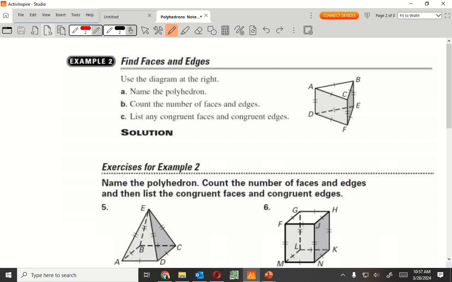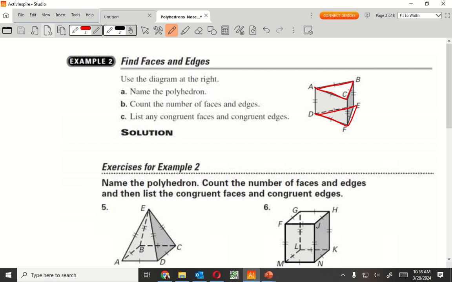Find faces and edges. So, let's see. Use the diagram on the right. Name the polyhedron. So, first, I need to identify what shape is my base. Triangle. Yeah, triangle. So I have a triangle here. I have a triangle, right?